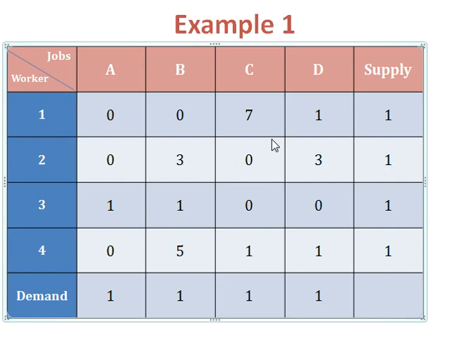So we will start the allocation as per the fifth step. The fifth step is to allocate in the row or column with the minimum number of zeros available. So you can observe in this row we have 2 zeros, in this 2 zeros, in this 2 zeros, and here only a single zero is available. So we'll allocate over here.